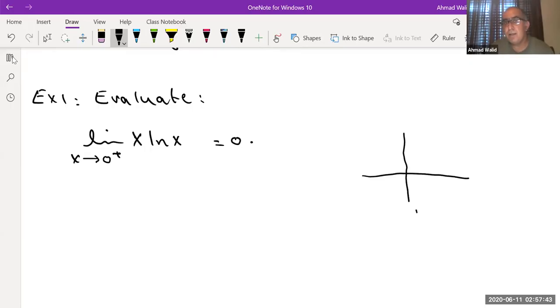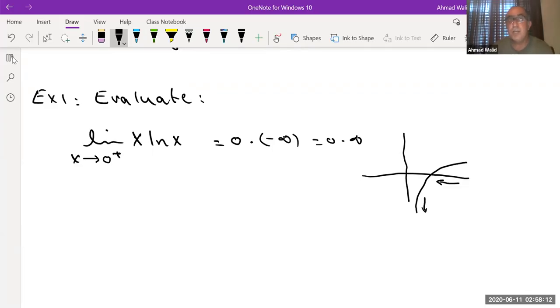If you remember the graph of ln, as x approaches 0 from the right, the graph of ln goes to negative infinity, correct? It means you end up with 0 times negative infinity, or you can say 0 times infinity. You see, you are dealing with an indeterminate form of 0 times infinity.